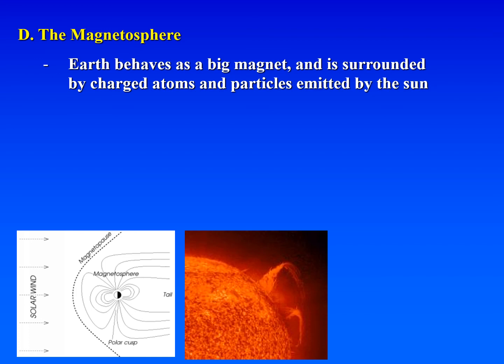So since this Earth is a big magnet, and remember, magnets attract charged particles. That's what magnets do. They attract poles and charged particles. What the Earth actually does sitting out there in space is that it can attract charged particles that exist out in space.